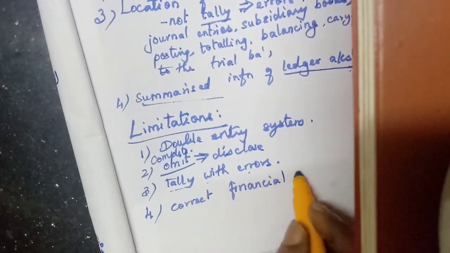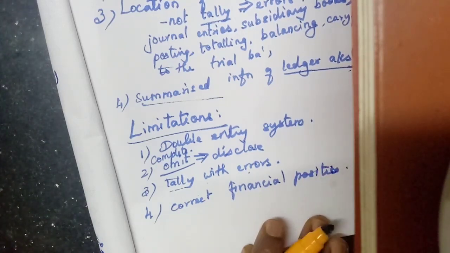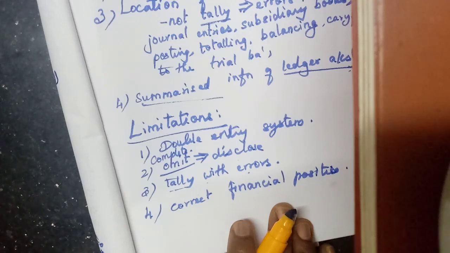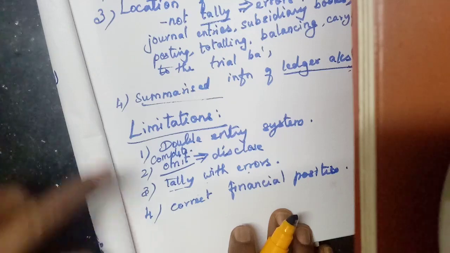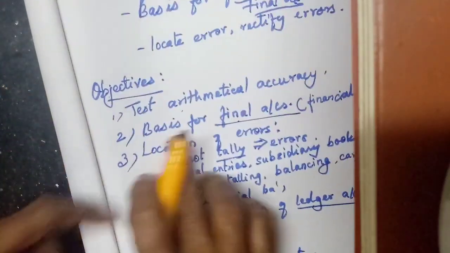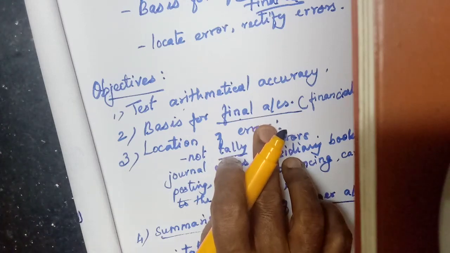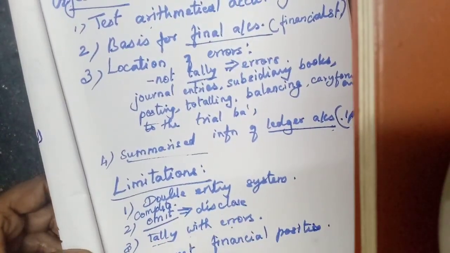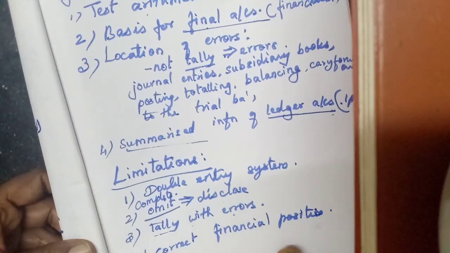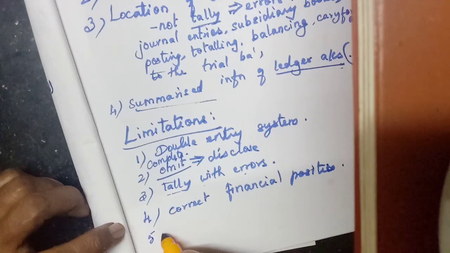The trial balance is the basis for the preparation of financial statements, as we have studied. With many errors in the trial balance, but the trial balance tallying, the financial statement prepared will not show the correct financial position. Profit also may not be correct.